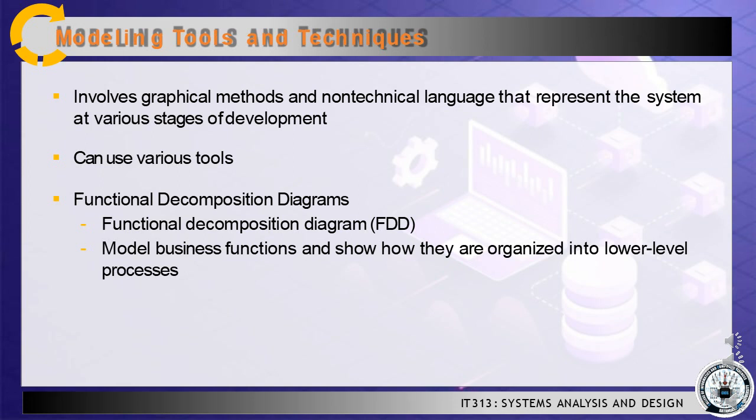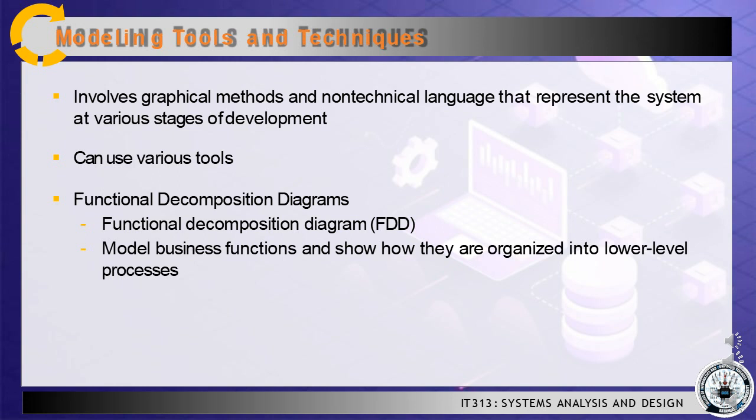First, they build fact-finding results into models. Then, they study the models to determine whether additional fact-finding is needed. To help them understand system requirements, analysts use functional decomposition diagrams, business process models, data flow diagrams, and Unified Modeling Language diagrams. Any of these diagrams can be created with CASE tools or standalone drawing tools if desired.